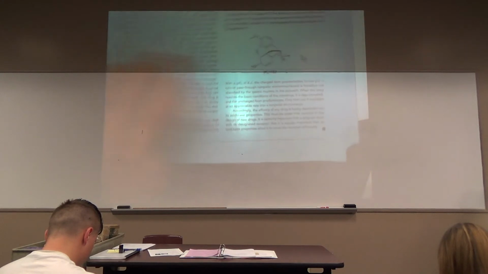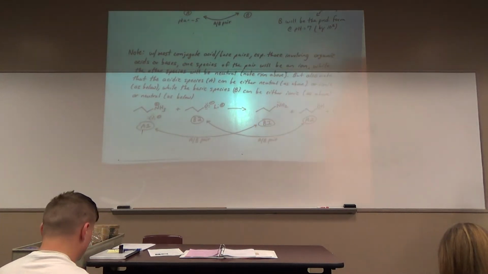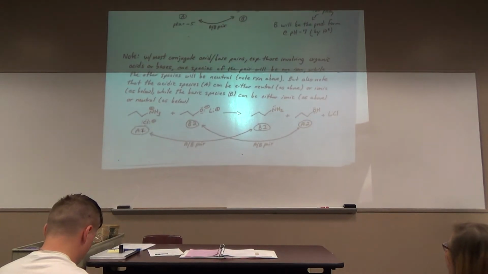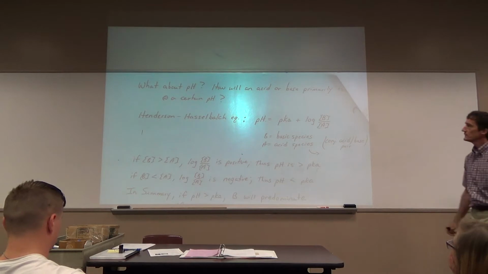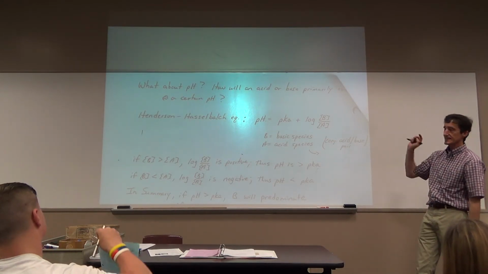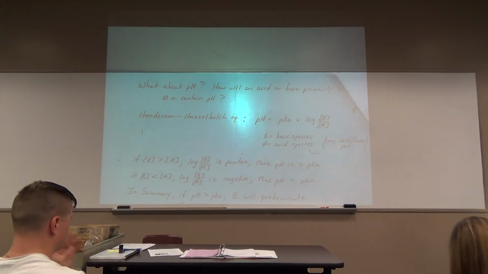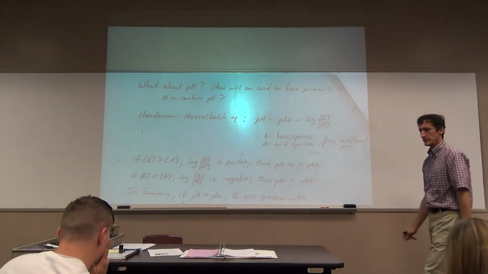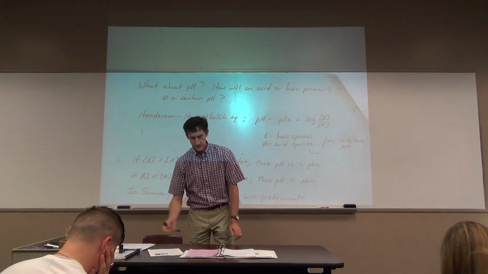Okay. Actually, before we move on, I want to make some good progress on the other handout today. This is important here. What about pH? An acid or base primarily exists in a certain form at a certain pH. For example, a given compound, Cipro.